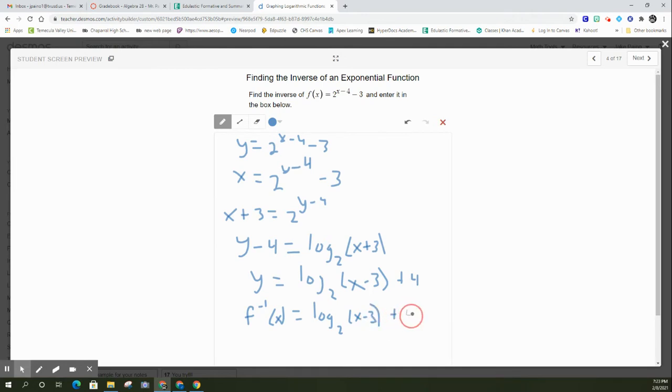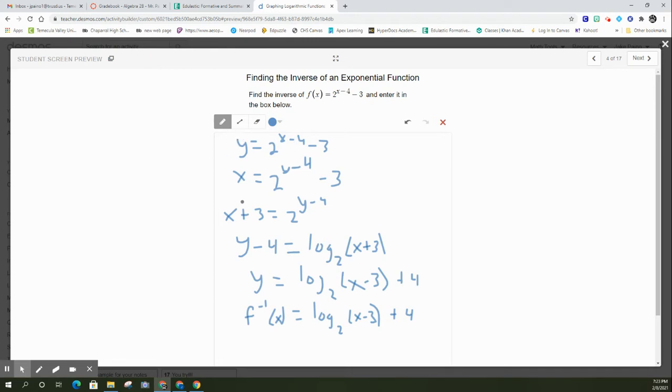And as always, when we're talking about a, h, and k, the a would be in front, so the a is 1. The h is always attached to the x part here, so h is 3, and k is 4. So this logarithmic function is the inverse of this exponential function.